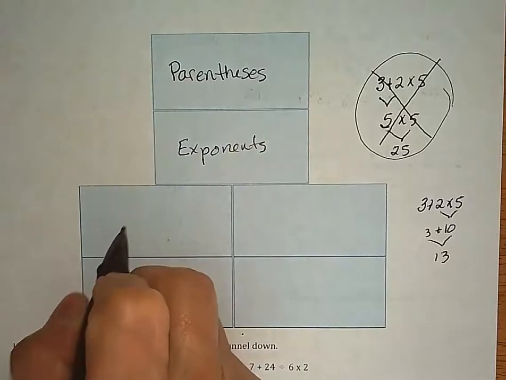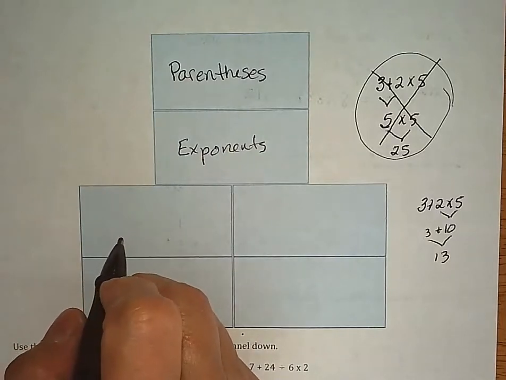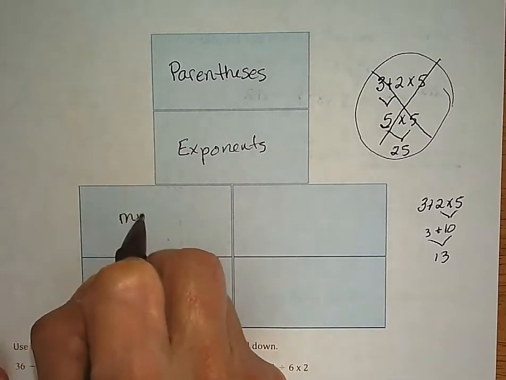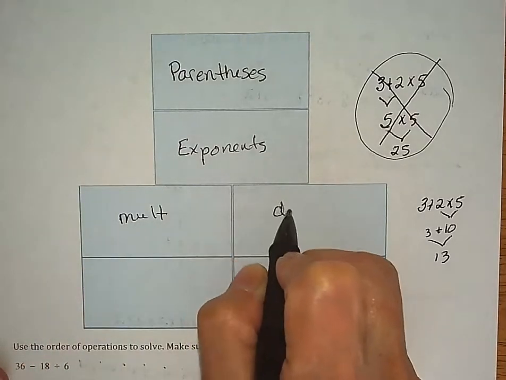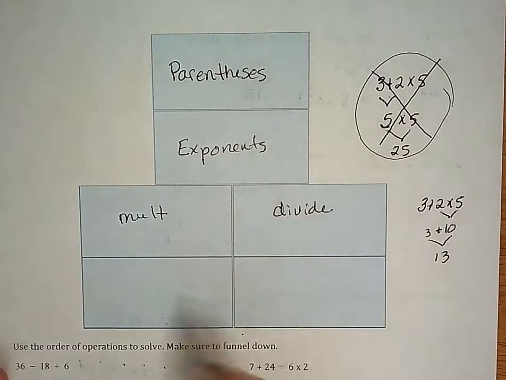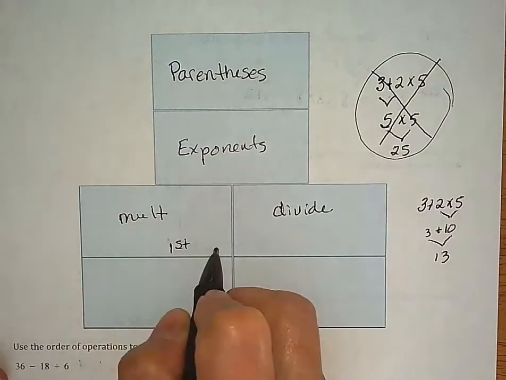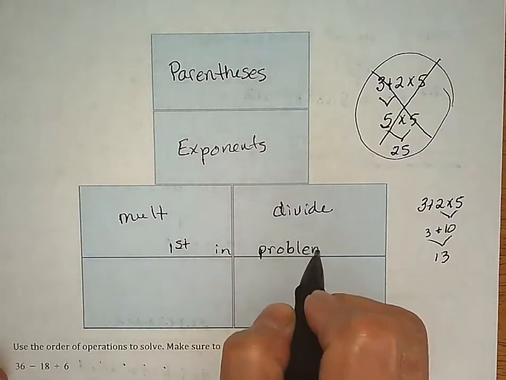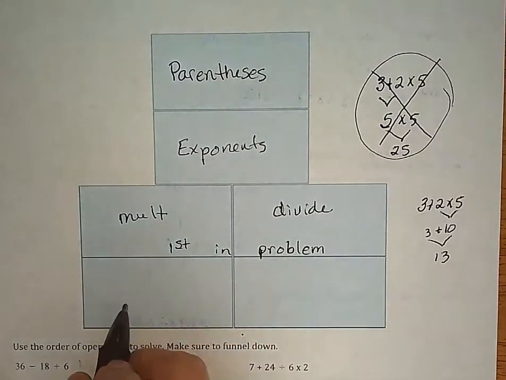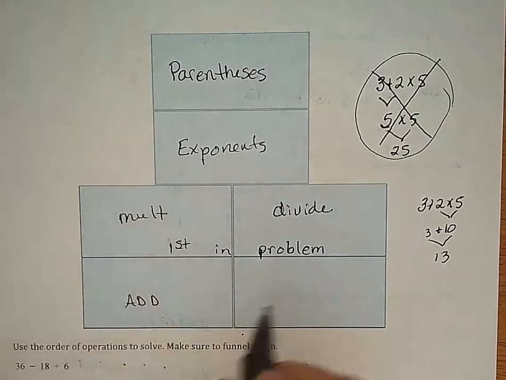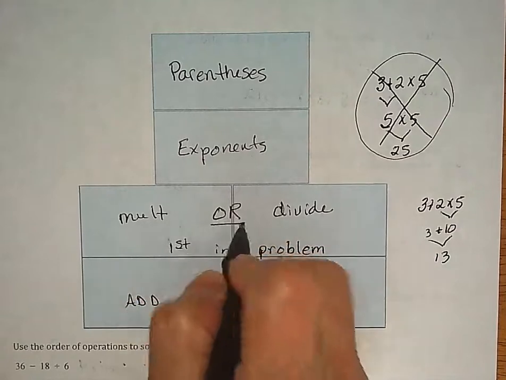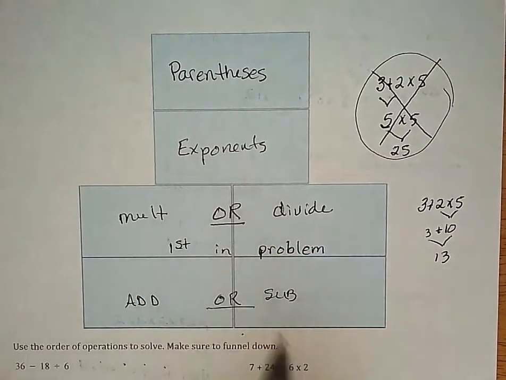Then we're going to either multiply or divide, whichever comes first in the problem, from left to right. And then the same thing with add and subtract. We're either going to add or we're going to subtract. Let's make a big or here. Whichever comes first in the problem.